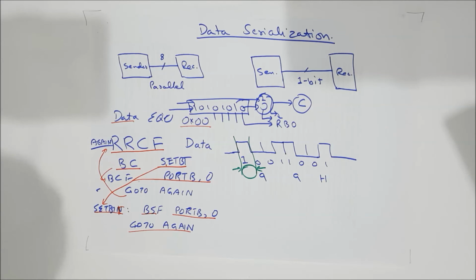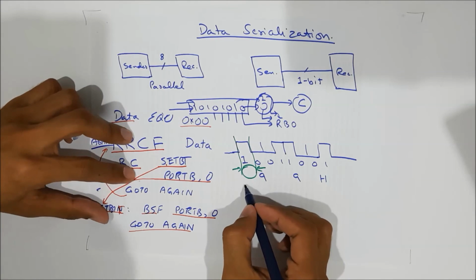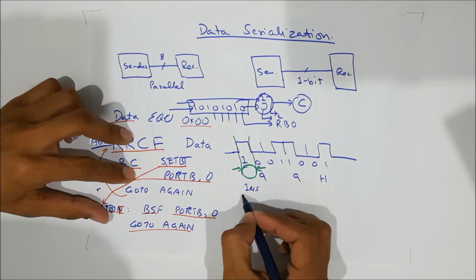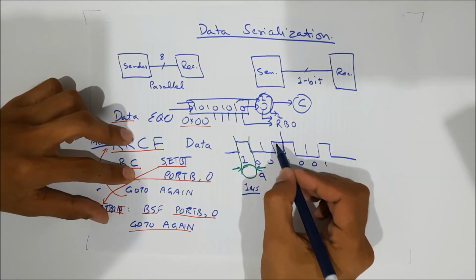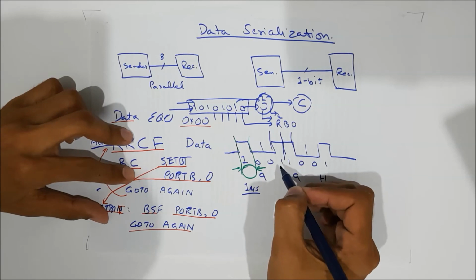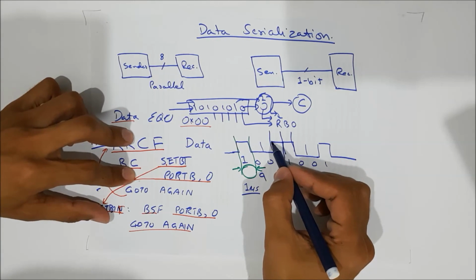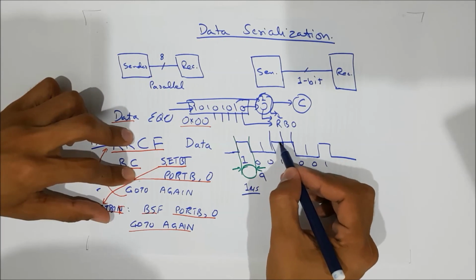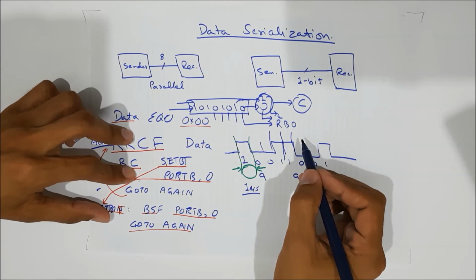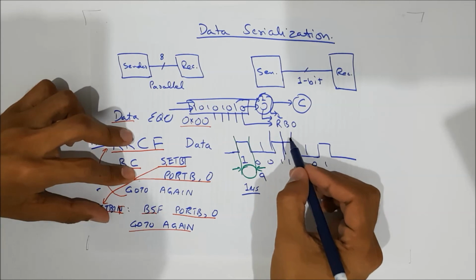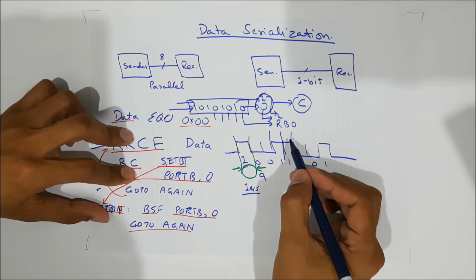That depends upon the protocol and that determines the speed of data transfer. For instance, if I say that after 1 microsecond my data will change. For instance, there are two ones. The bit is not changing, it is always 1. There was 1 and then again there was 1. So how will I distinguish that these are two ones, not just a single one?